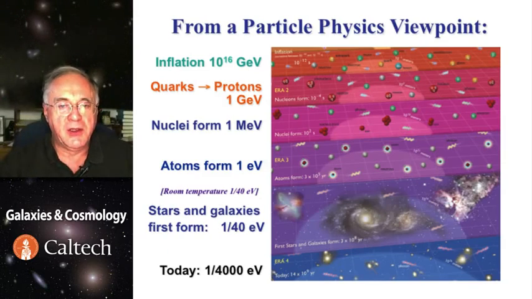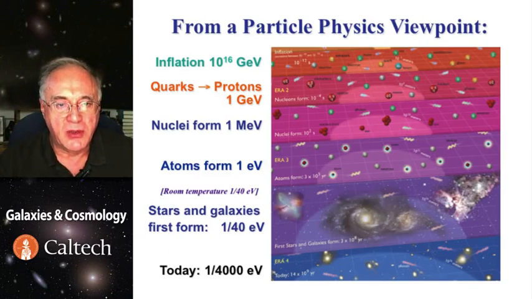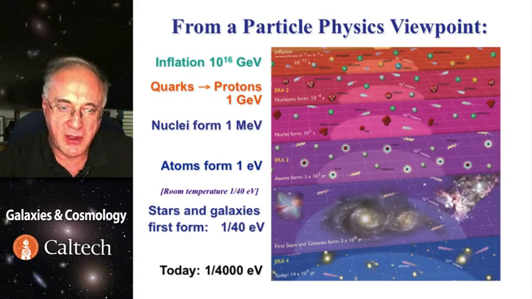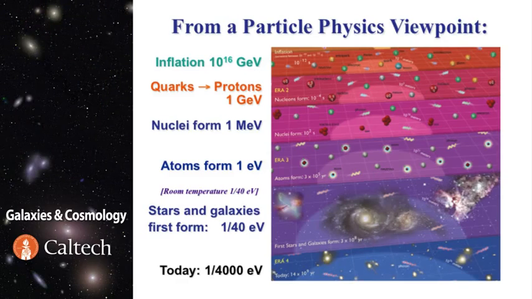Here is a slightly different view that would be appealing more to physicists, that expresses history not as a function of time, but as the typical energies of particles at that time. Recall that the smaller and the denser the universe was, the hotter it was, and kinetic energies were higher. Well, today, they're roughly microwave background photons, which is energies of 1/4000th of an electron volt.